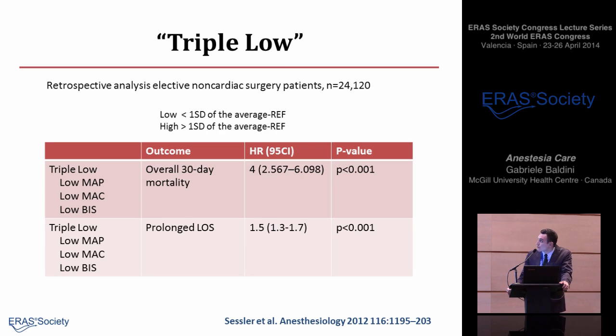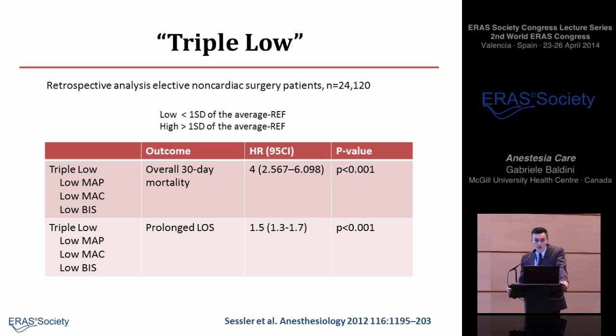Further studies come from the Cleveland group showing that, again, too deep anesthesia, indicated by low BIS level, associated with low blood pressure and low MAC, that is actually the opposite of low BIS, can significantly increase mortality and prolong length of stay.